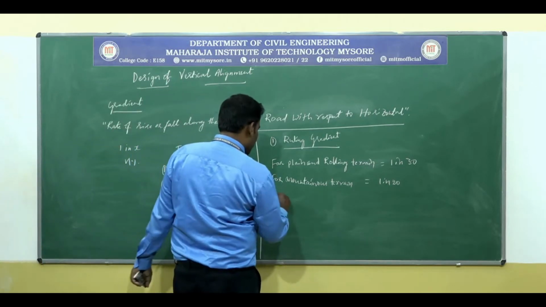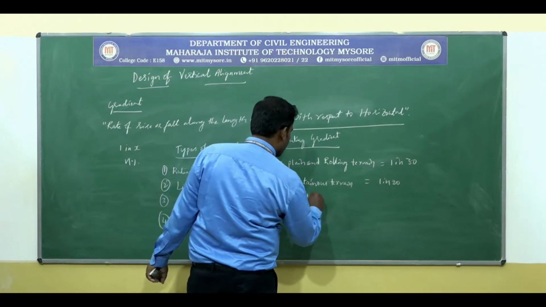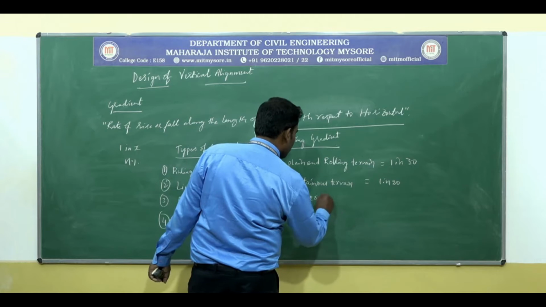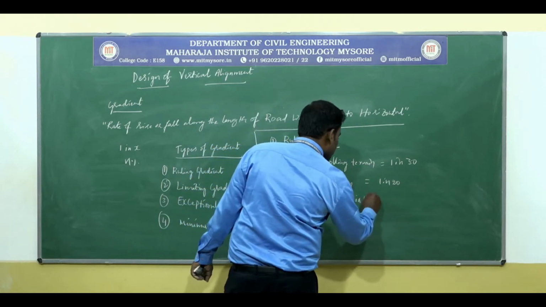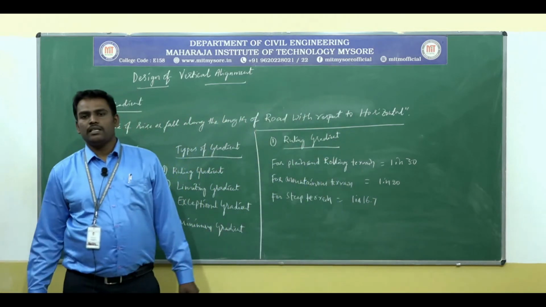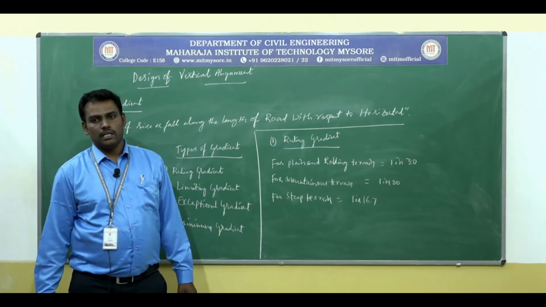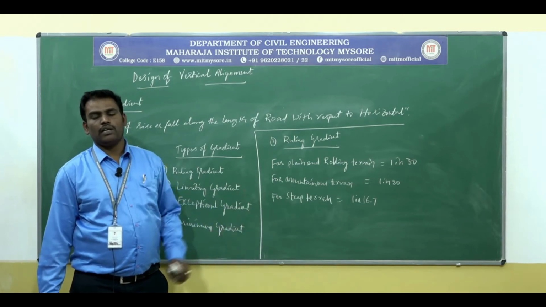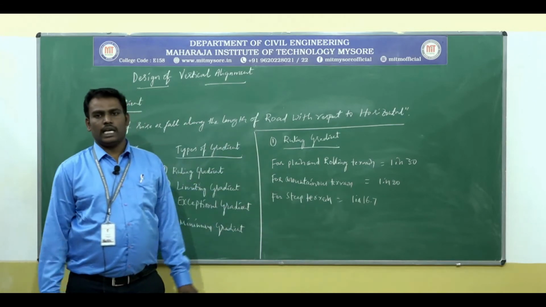And for steep terrain, this is about 1 in 16.7, that is for 16.7 horizontal distance 1 meter vertical. This is regarding the rolling gradient.